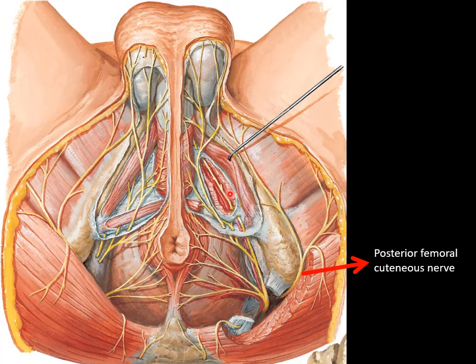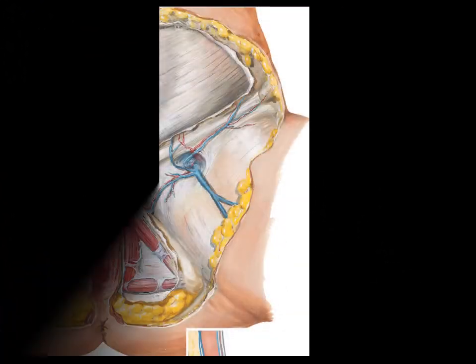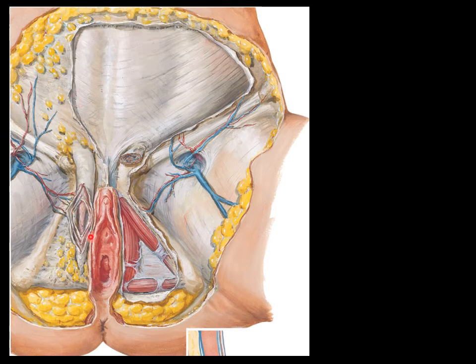Here you can see the perineal branch of the posterior femoral cutaneous nerve piercing the fascia. In females, the urethral orifice and the vaginal orifice are piercing the fascia and opening outside.